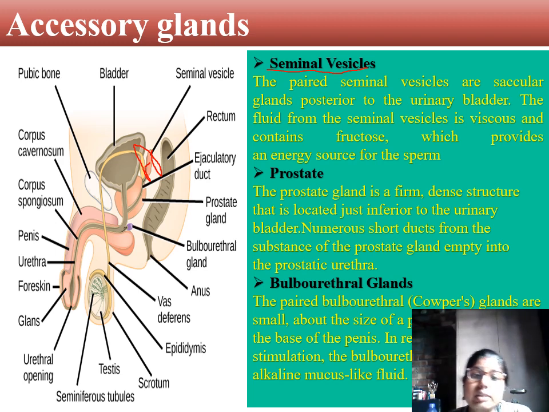The seminal vesicle mainly functions in the nourishment of the sperm, the prostate functions in secreting alkaline fluid, which protects the sperm in the female vaginal tract, and the bulbourethral gland secretes the pre-ejaculation fluid.